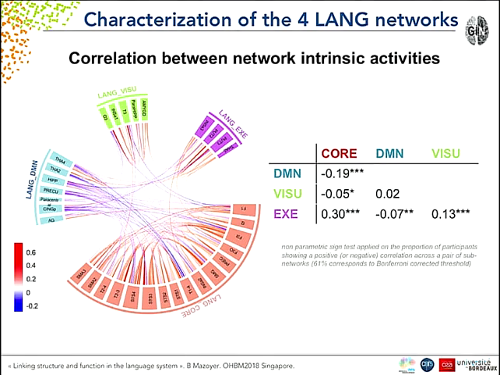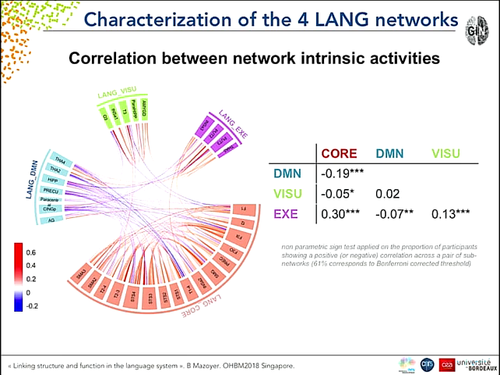Then, in the last step, what we did is try to characterize the relationship between these different components. The first thing we did is look at the correlation between the intrinsic activity, the resting state activity, of the different networks. So here, you basically average the resting state time course for each voxel of each network, and that gives you a time course for the network. And then you look at the correlation. This is summarized on this slide.